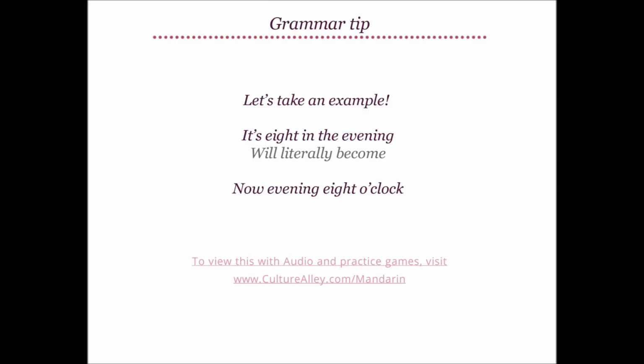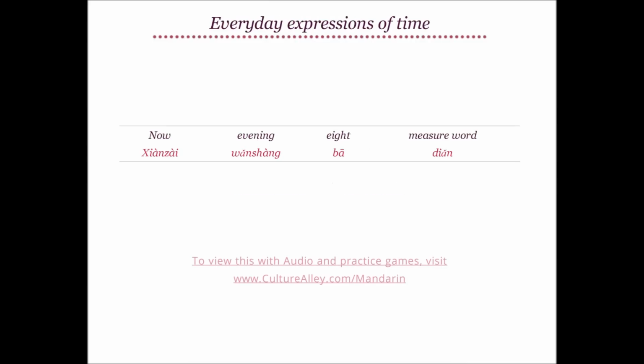It's 8 in the evening literally becomes now, evening, 8 o'clock. Upon translating it's 8 in the evening, now becomes 现在, while evening is translated as 晚上. 8 becomes 八.